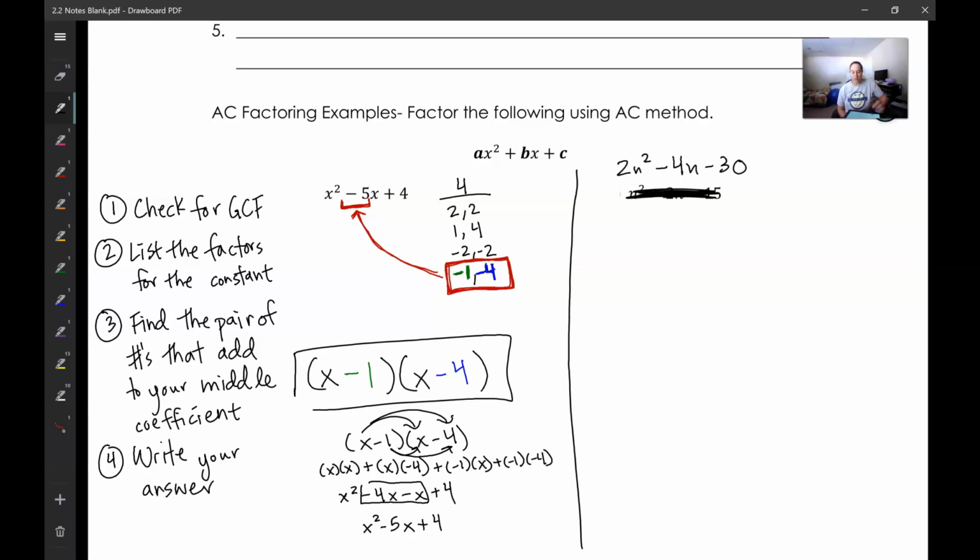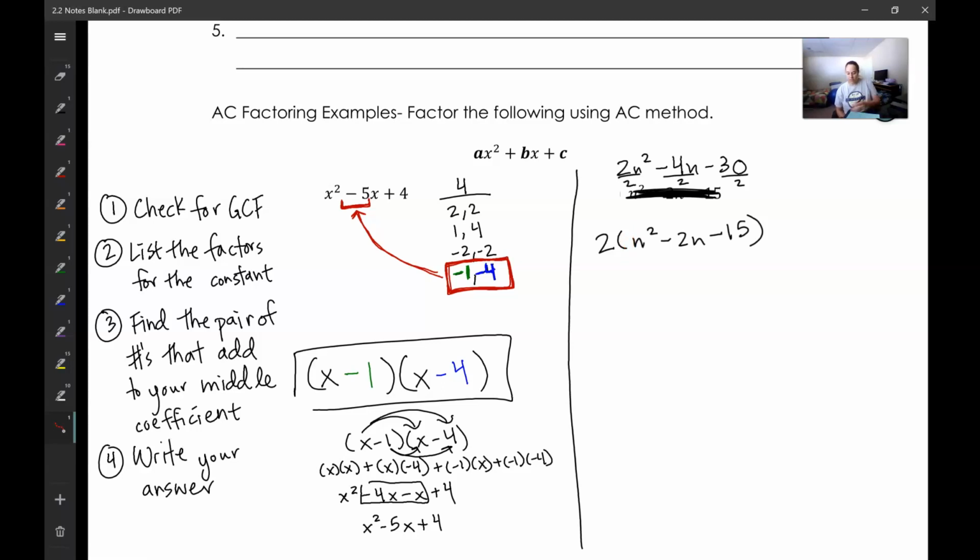Remember, the first step is always check for a GCF. Is there anything that all of these have in common that I can take out? Well, yeah, they all have a 2 in common. So I'm going to take out a 2, meaning divide all of them by 2. And now I'm left with n squared minus 2n minus 15. And now there's no number in front of my n squared, which means I can use my shortcut.